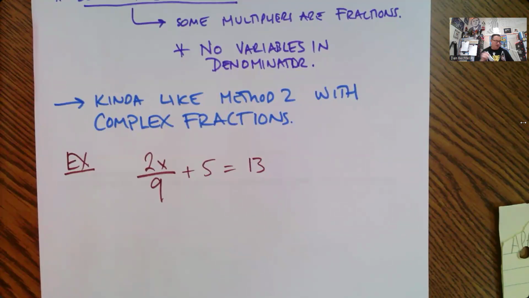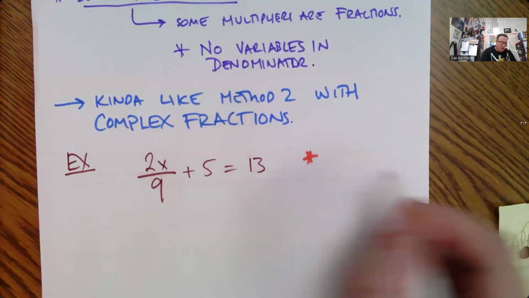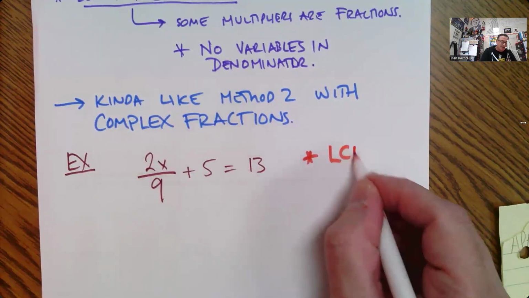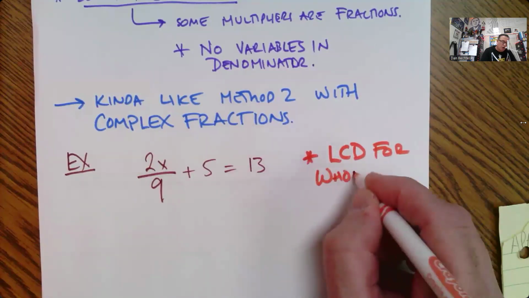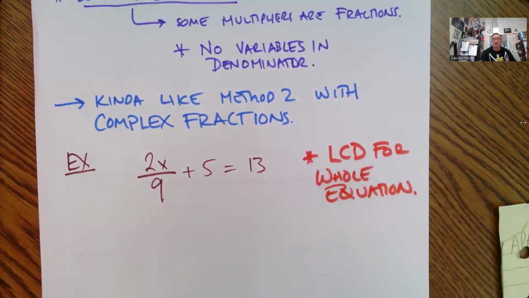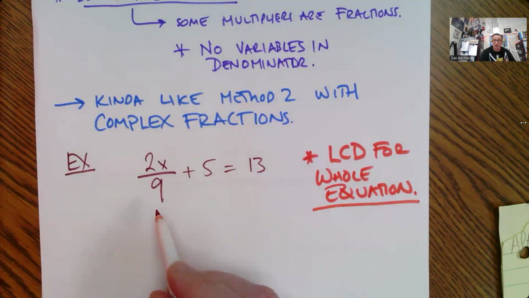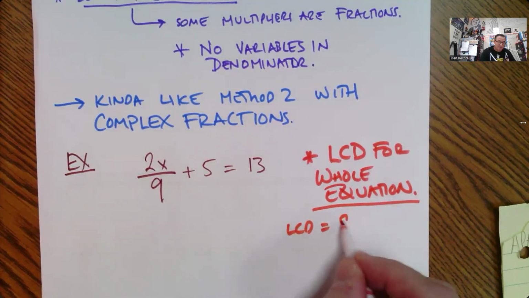What I want you to start to think about with a problem like this, because it's the way that it works for ones that have larger fractions, is to go through a process that looks like this. The first thing you want to do is find the LCD, least common denominator, for the whole equation. Not going to lie to you, when we're looking at something like this, there's only one fraction, so the least common denominator in this case is that denominator.